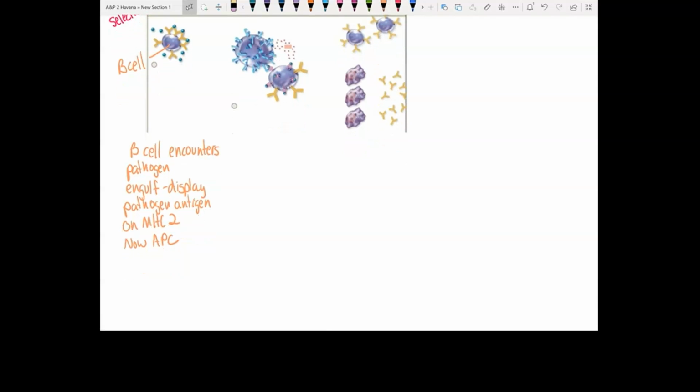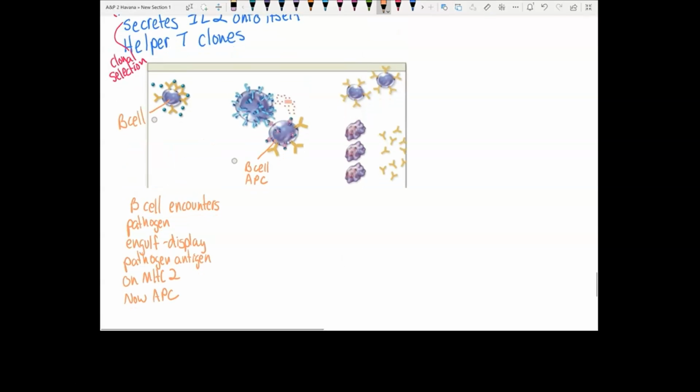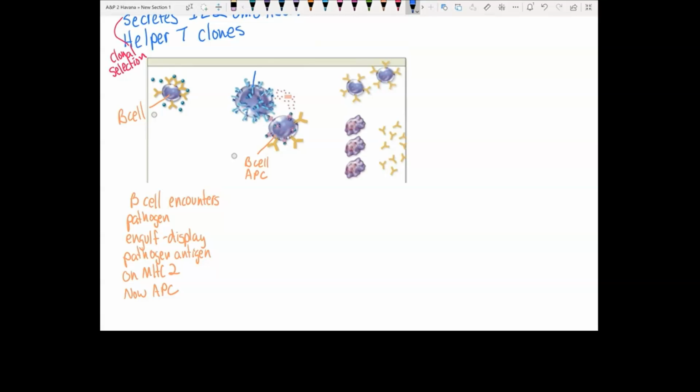Antigen-presenting cells go to helper T. So here is our B cell antigen-presenting cell. It goes to helper T. And remember, there's specificity here. Only the helper T whose TCR matches the antigen that this B cell is displaying will work.